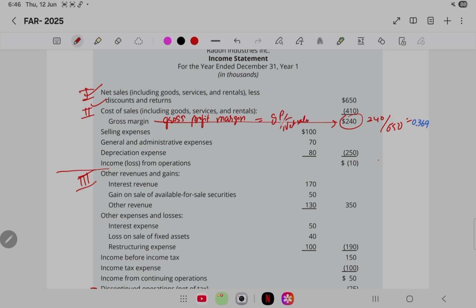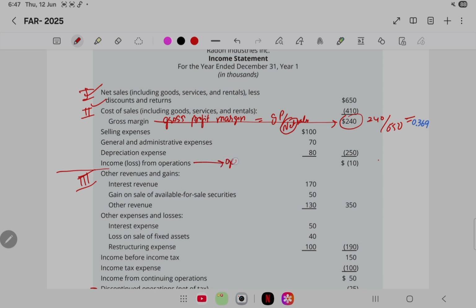Why are we calling it net sales? Because they are after deducting the discounts and the returns, not the cost. Now we are getting around 37% of the gross margin. Now what is the operating margin?